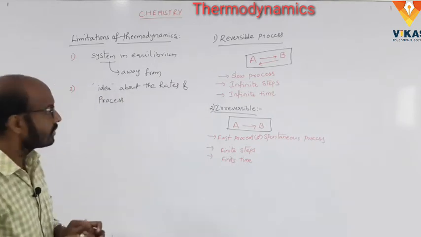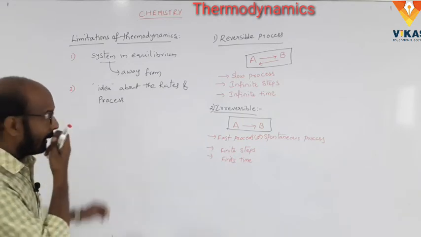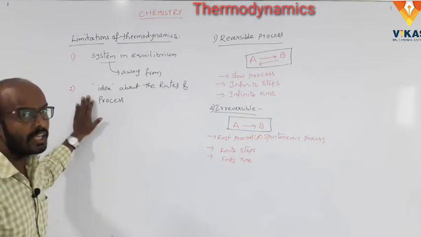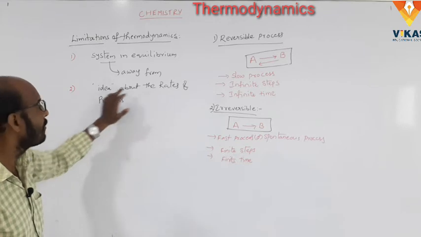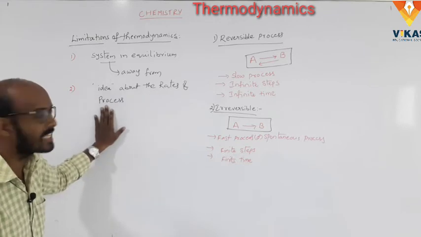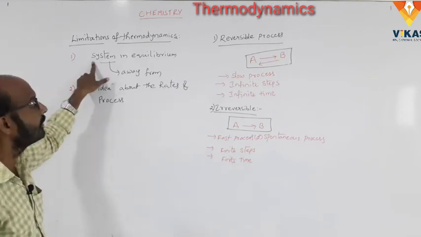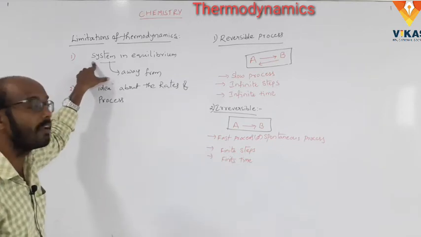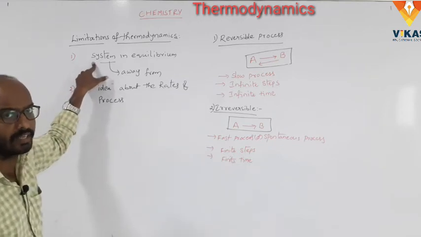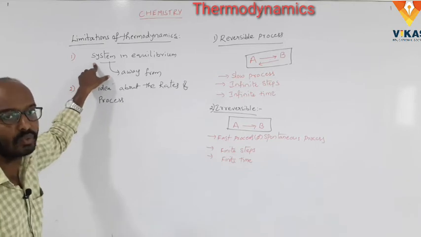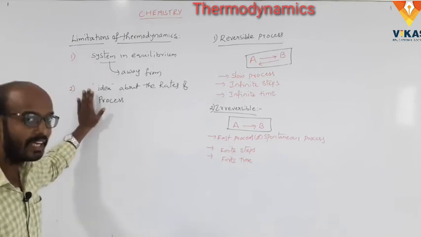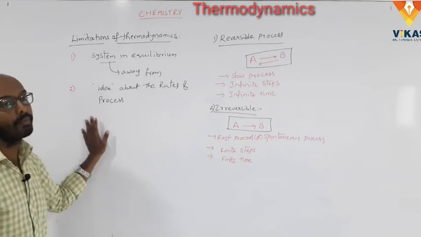It does not explain the rates of the process. The first limitation is that it fails to explain systems away from equilibrium, and it cannot give an idea about the rates of the process.